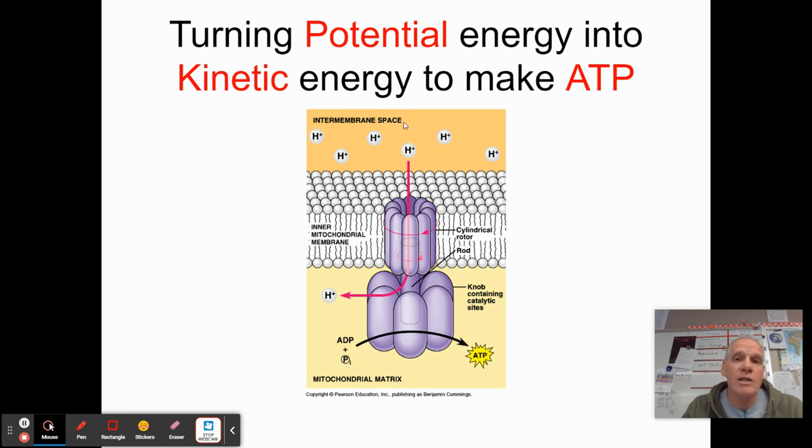So we've converted the sun's energy into a proton gradient, and now we're going to use that proton gradient, that potential energy, to drive the anabolic process of making ATP.